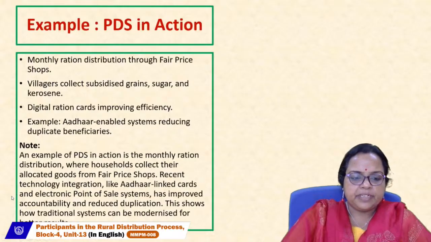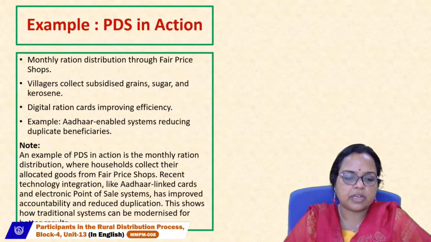An example of PDS in action is the monthly ration distribution, where households collect their allocation of goods from fair price shops. Recent technology integration like Aadhaar-linked cards and the electronic point of sale system has no doubt improved accountability and reduced duplication, but the challenges are not yet closed.